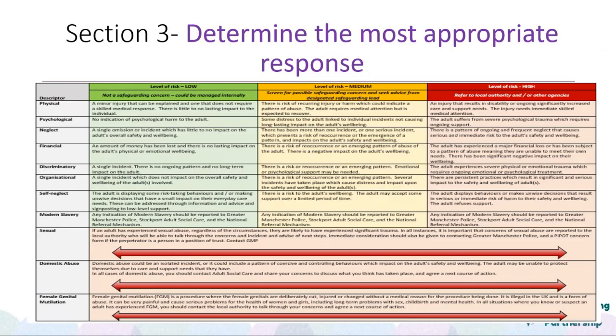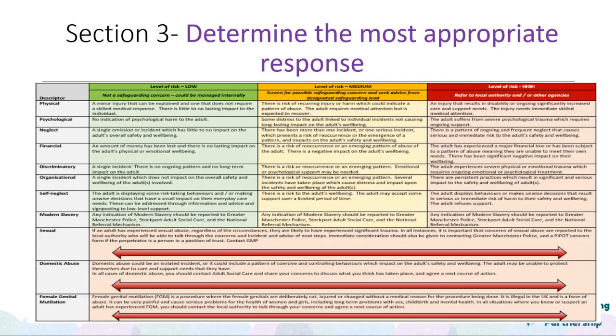And finally, once we're clear on what that level of risk looks like, once we're clear on the type of abuse or neglect, we can move into assessing what actions we need to take. We can determine the most appropriate response for that individual. So this is the third section within the tool. And you can see there down the left-hand side, there are different types of abuse or neglect that we've talked about.